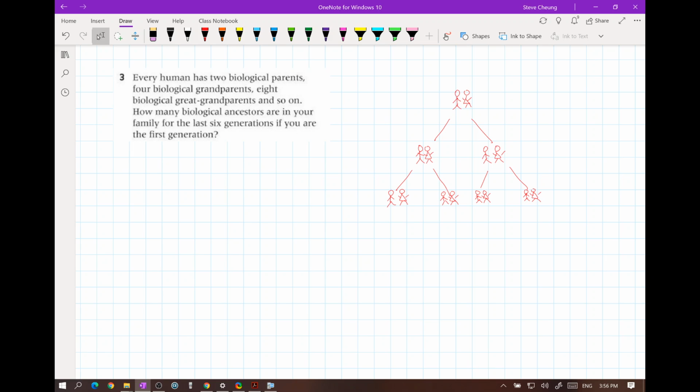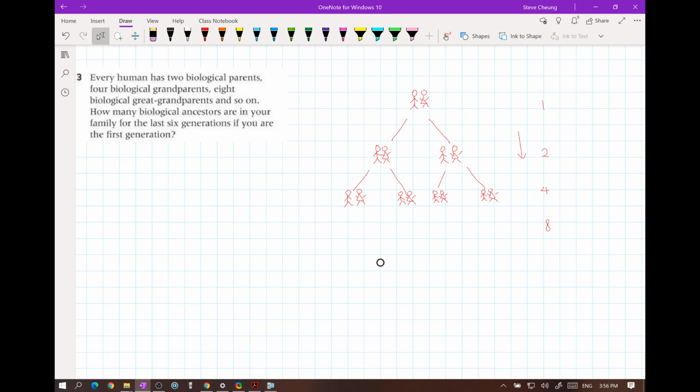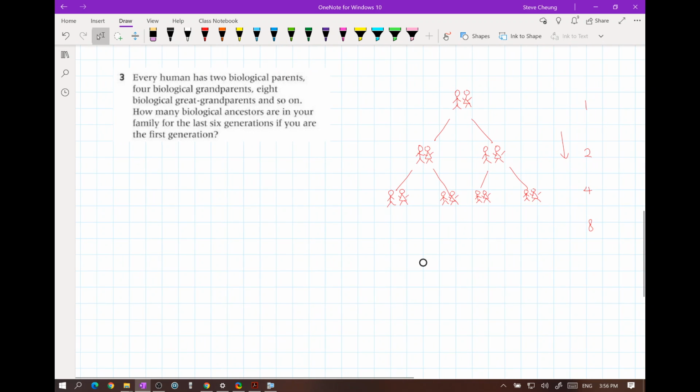So if you continue down the chain, there are going to be 1, 2, 4, 8, etc. They don't always only have 2 kids, right? But we were talking about in this scenario, going backwards. So after the 6th generation, how many ancestors would you have altogether? Make sure you understand what this means. So that means you're on the 7th level, right? The last 6 generations. If I just write it down, there'll be 16, 32, and 64.